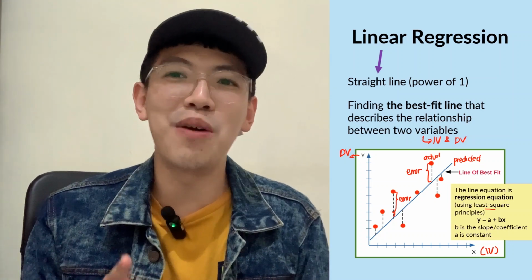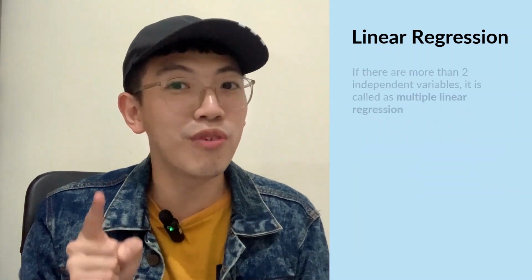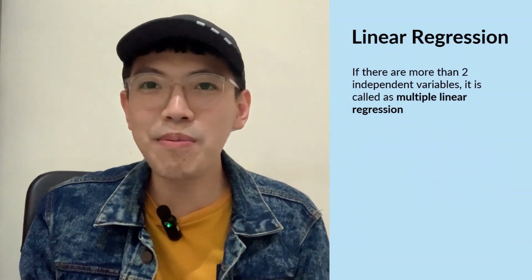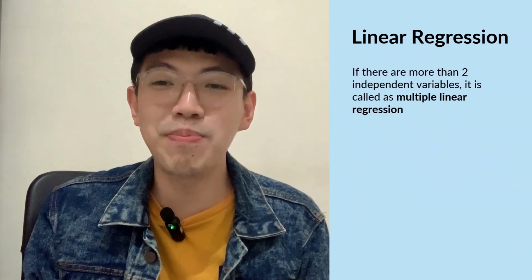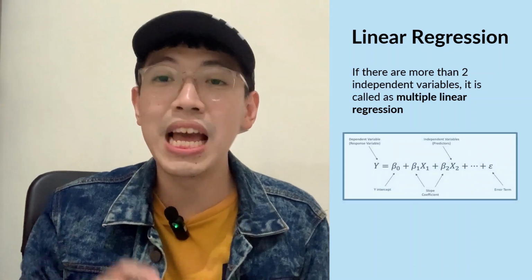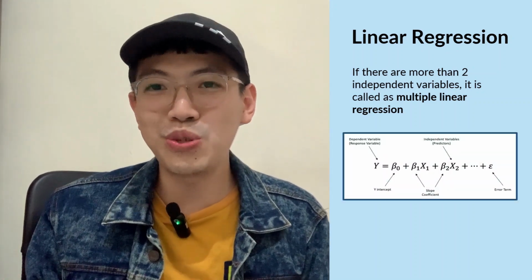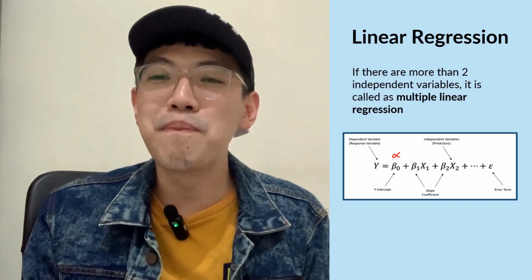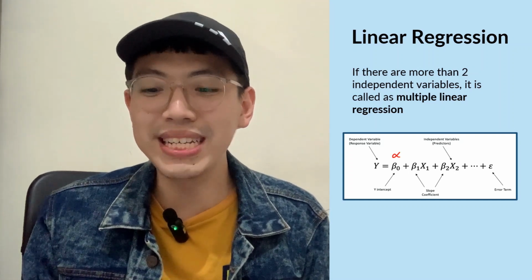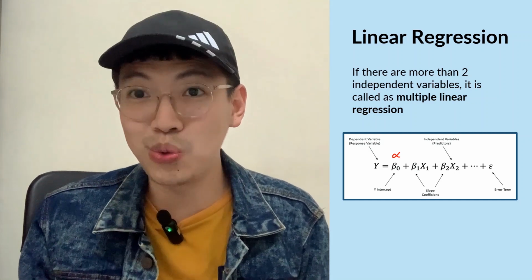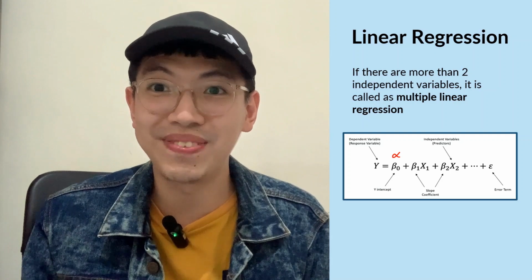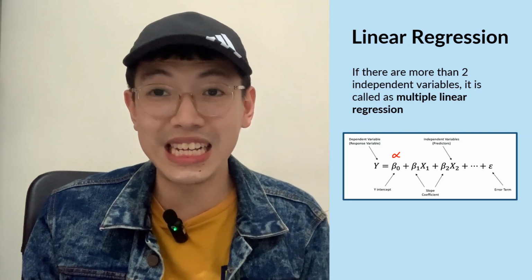Don't worry, if there are more than one independent variable, we call it as multiple linear regression. The concept of the regression equation will be the same, but there are several modifications. It will be like this: y equals to alpha, or we can write as b0 plus b1 x1 plus b2 x2 plus b3 x3 and so on plus error. b0 or alpha here is the constant.